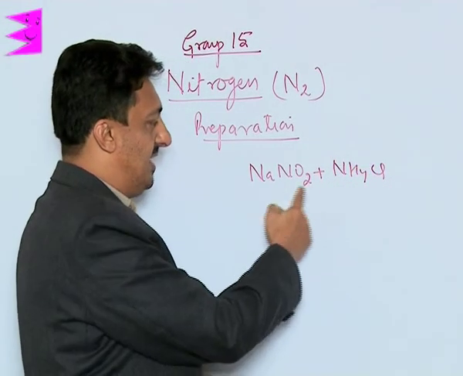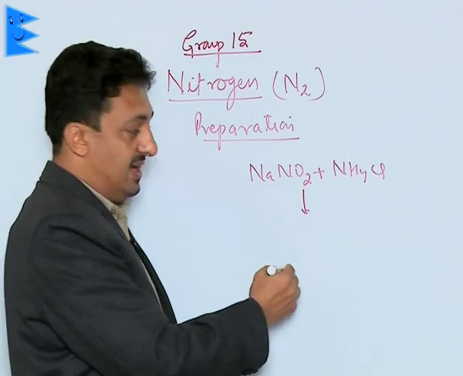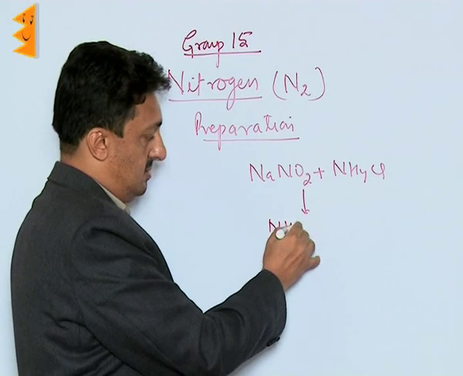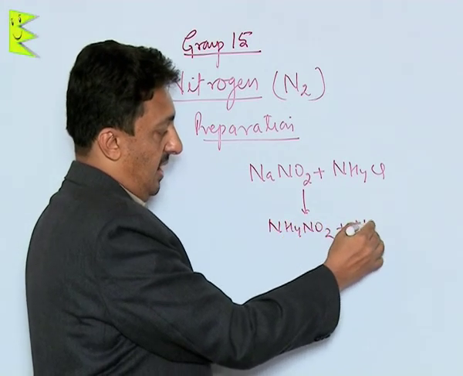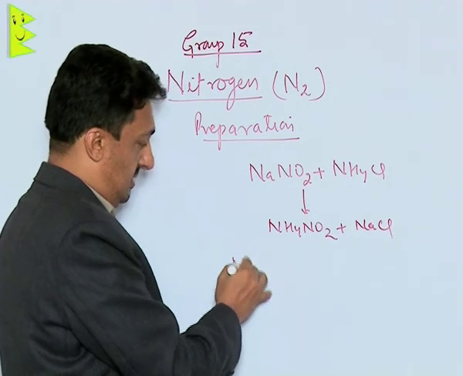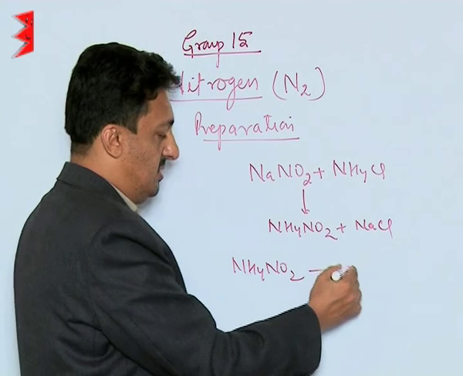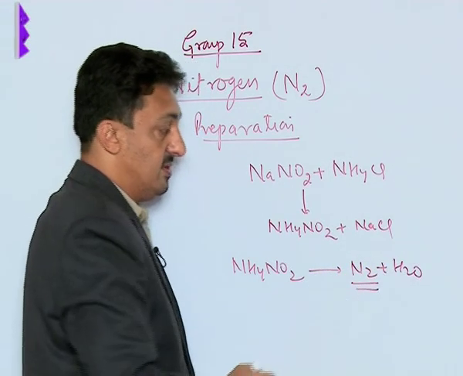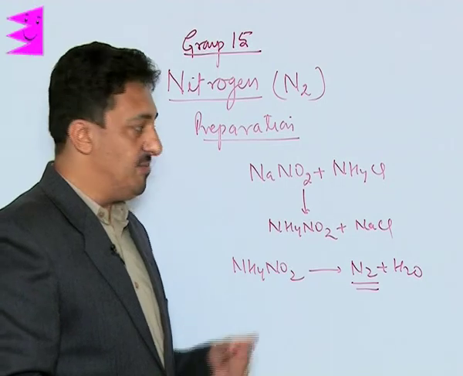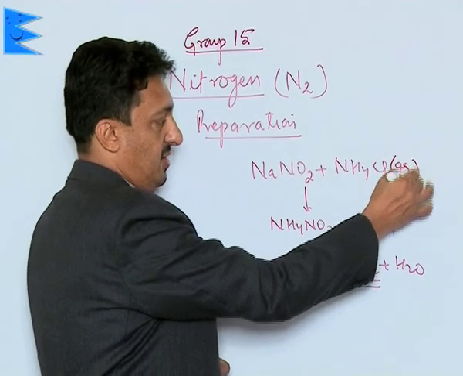Now, when sodium nitrite is reacted with ammonium chloride, what we get is ammonium nitrite and sodium chloride. This ammonium nitrite on its own decomposes to give nitrogen and water. So in the lab it is very easily prepared by treating sodium nitrite with aqueous solution of ammonium chloride.